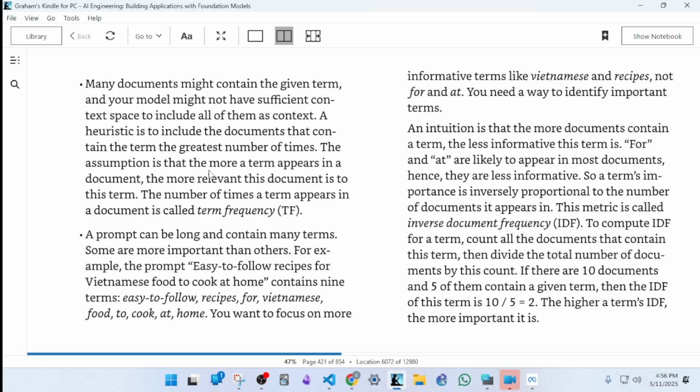A heuristic is to include the documents that contain the term the greatest number of times. The assumption is that the more a term appears in a document, the more relevant this document is to this term. The number of times a term appears in a document is called term frequency, TF.